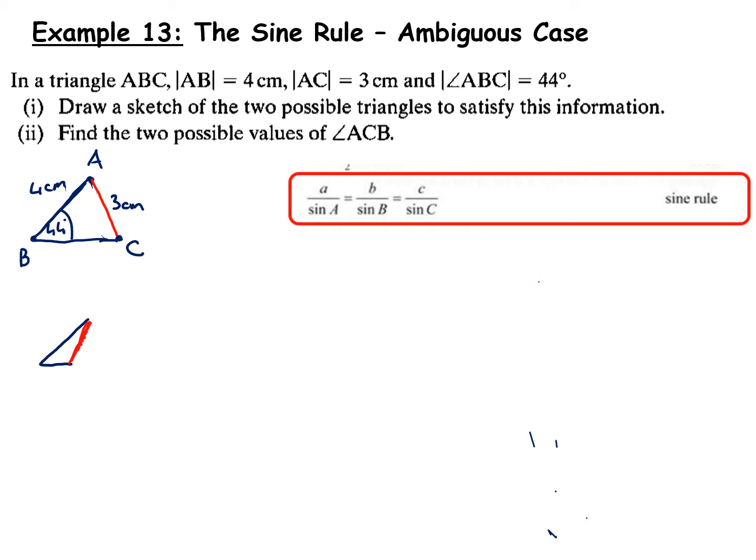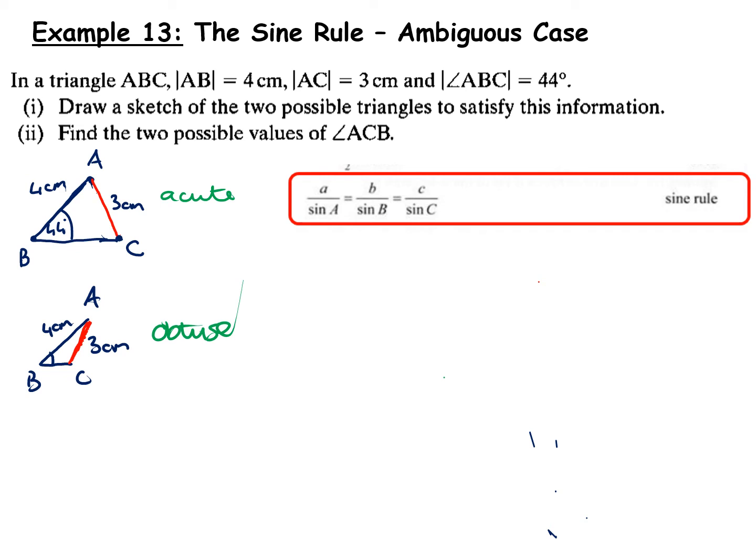So we have A, B, C. It's 44 degrees. There's 4 centimeters. There's 3 centimeters. Notice that this is an obtuse triangle. By obtuse, it has one angle greater than 90 degrees, and this is an acute triangle. So find the two possible values of ABC.